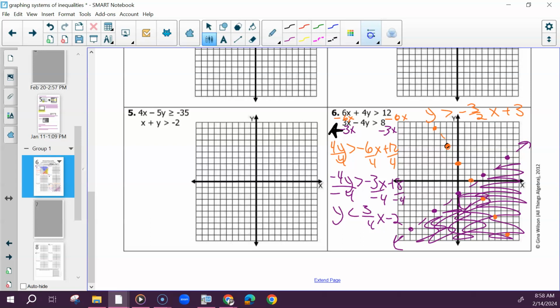That was also dotted or dashed. Shaded above or below. Above for that one. So above, that would be everything to the right. So that overlapping would be here.